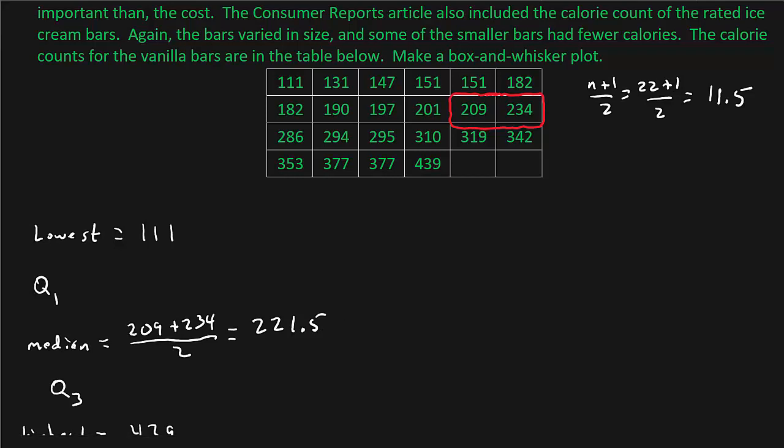All right. Now, bear with me on this part. We found the median; you should be able to do that. Now let's look at Q1 and Q3. Let's find Q1 first.